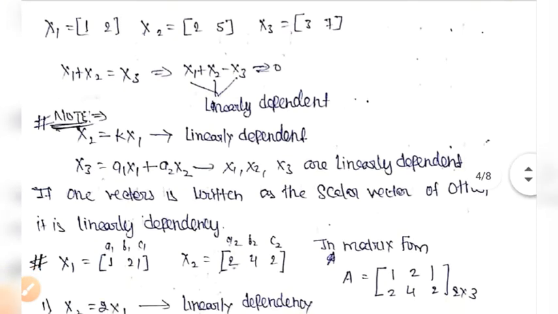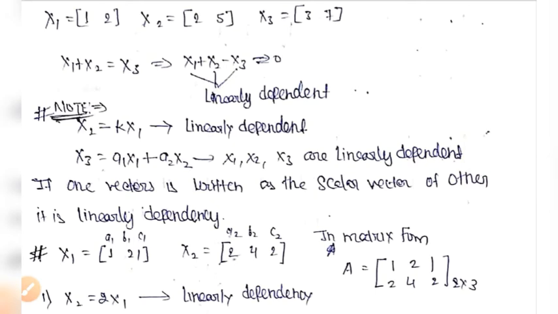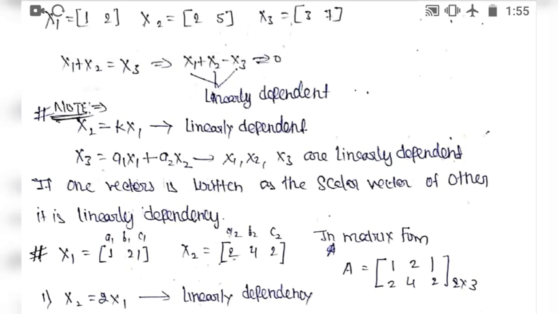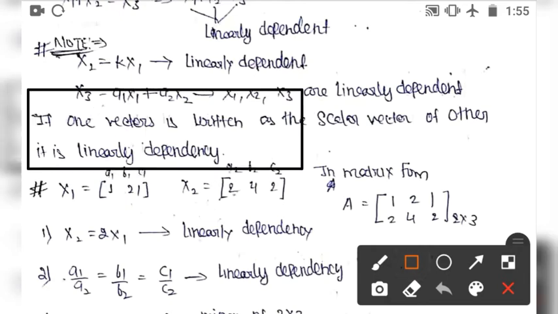So here I have written x2 is equal to kx1, meaning linearly dependent, and x3 is equal to a1x1 plus a2x2, meaning x1, x2, x3 are linearly dependent. This is the shortcut I was talking about; if you read this, it will be understood.